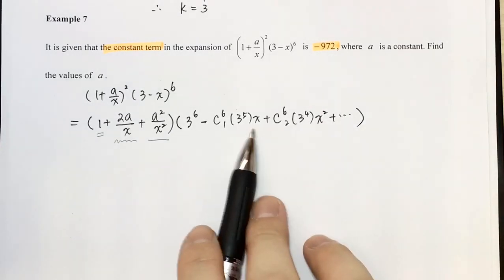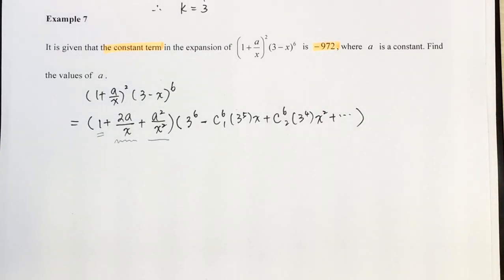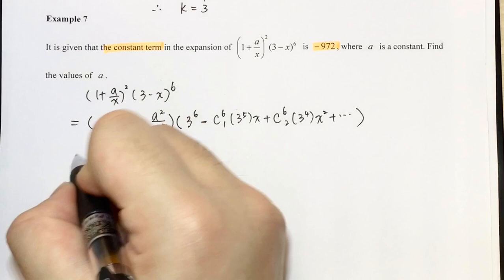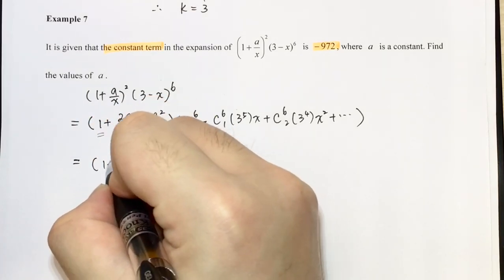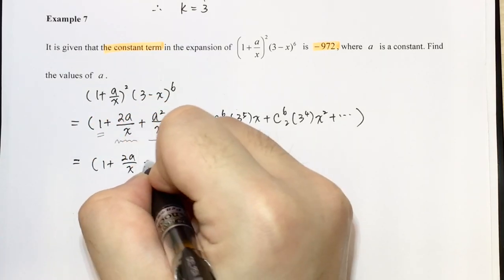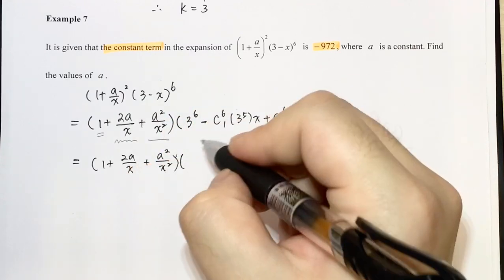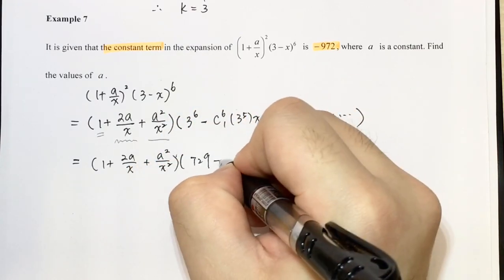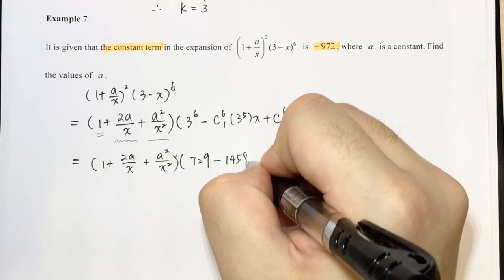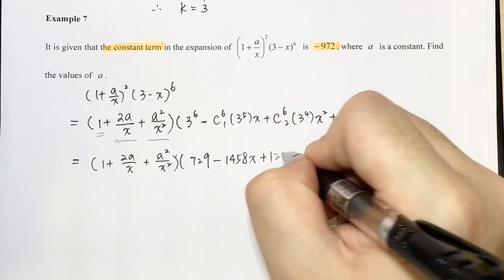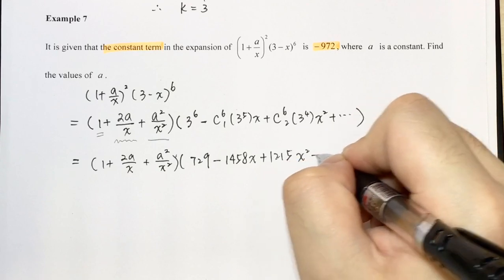And it's done because these three terms are what we want to find. Okay? And then let's simplify it a bit before we move on. We get 729 minus 1458x plus 1215x squared plus dot dot dot.